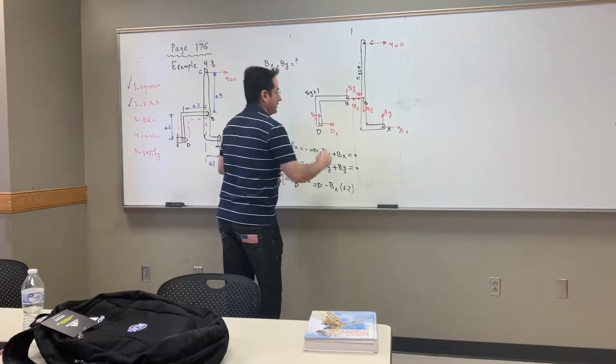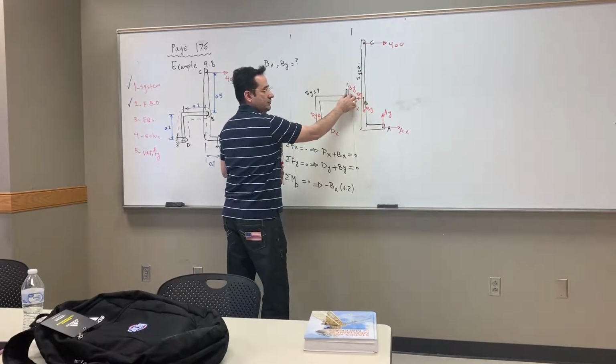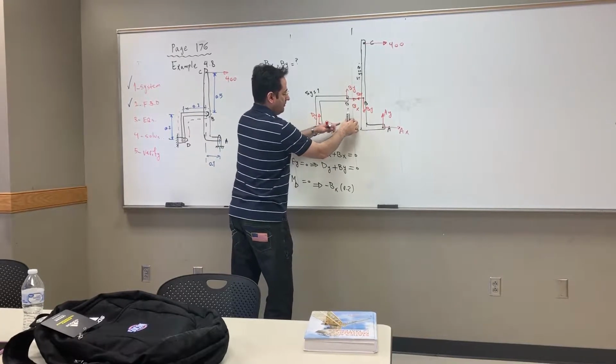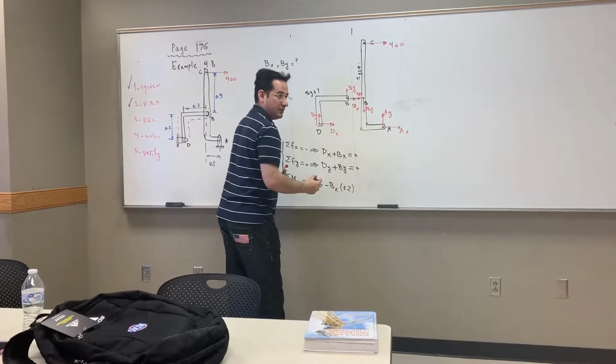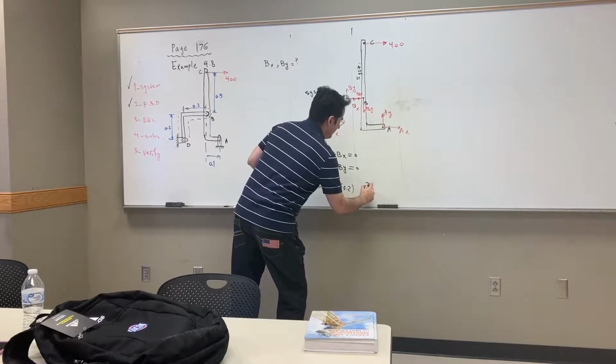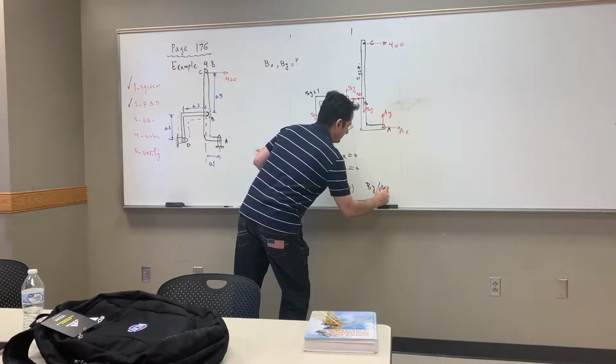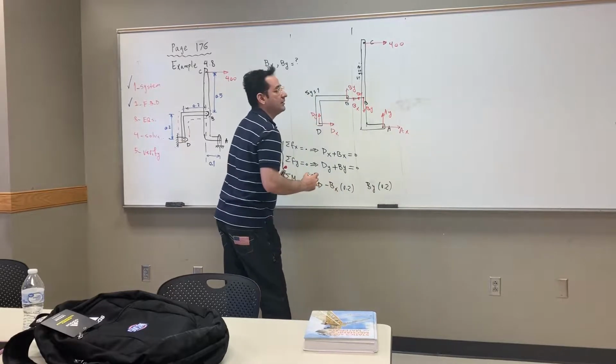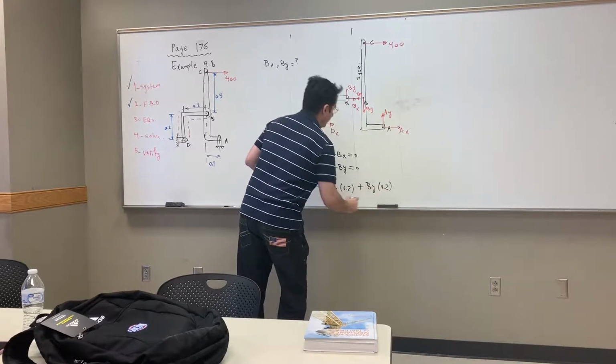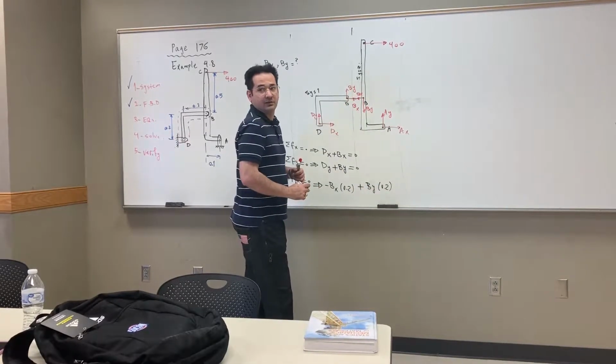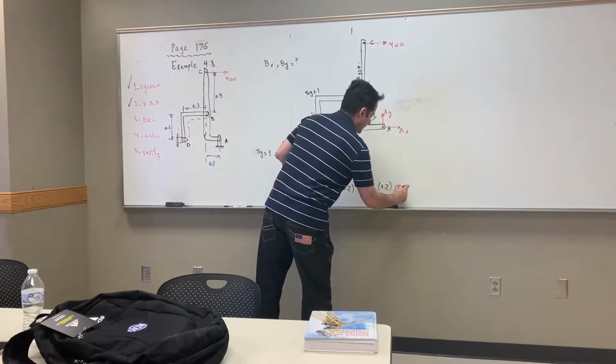Negative. By, move it. Where? Down. So it's going to be from here to here. So it's going to be By times 0.2, positive or negative? Positive. What else? That's it. Is equal to 0.